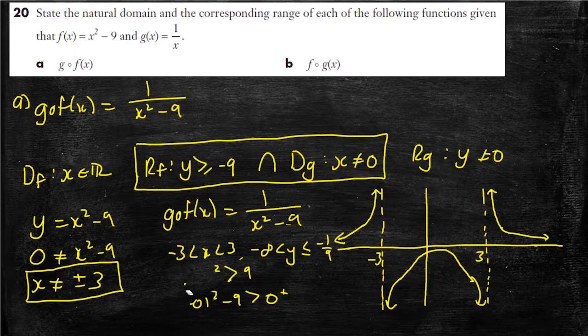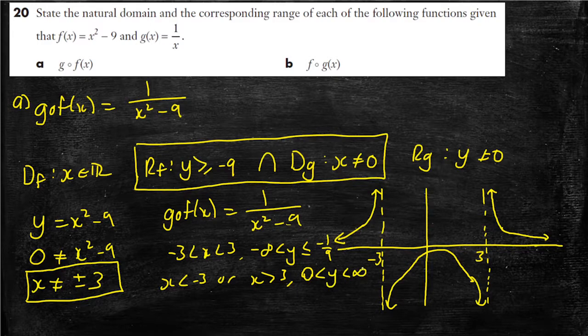So how do we put all of this together now? Well, we know that when x is between negative 3 and 3, y is going to go from negative infinity to negative 1 over 9. And for x being less than negative 3 or x greater than 3, we know that the y values are going to go from 0 all the way up to infinity.